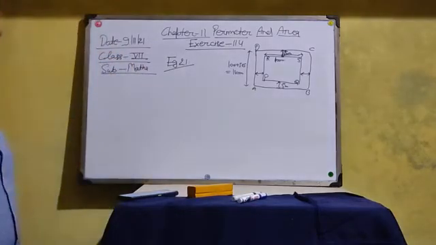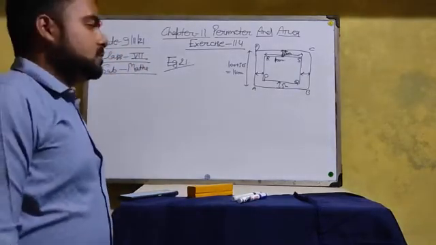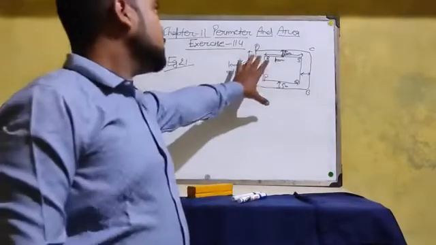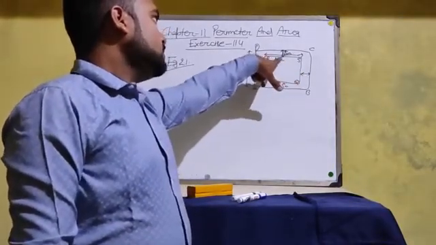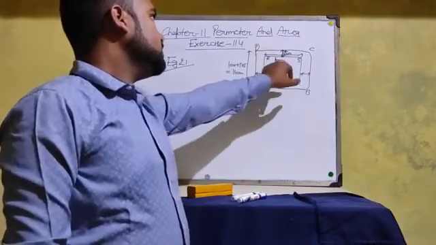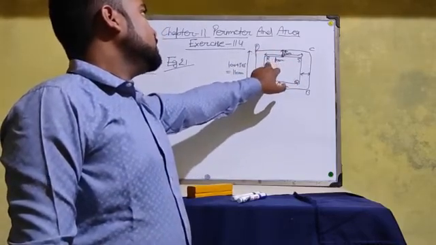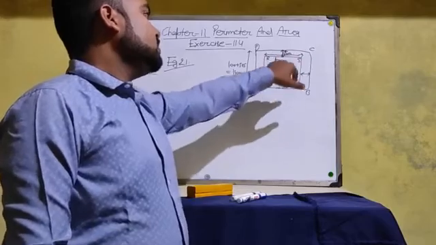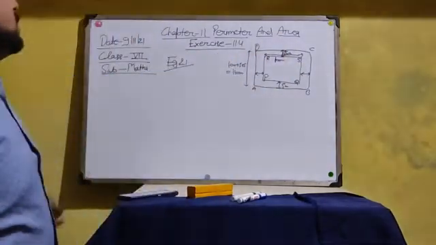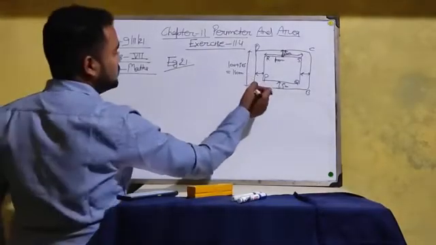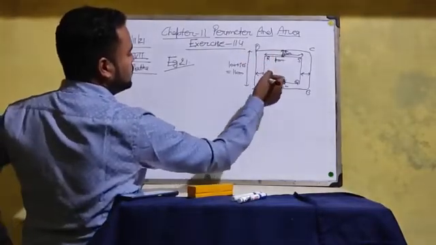Okay, now if we have to calculate the area of the path, we calculate the area of the outer square, that is square ABCD, and the area of the inner square, that is PQRS, and subtract the area of square PQRS from square ABCD.